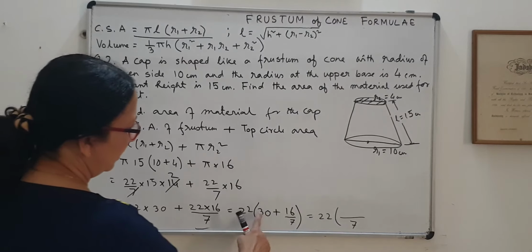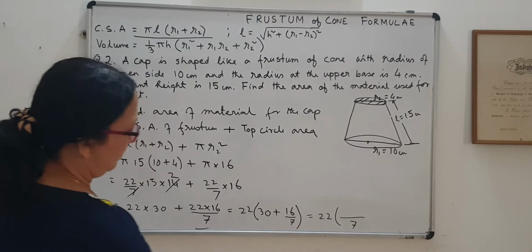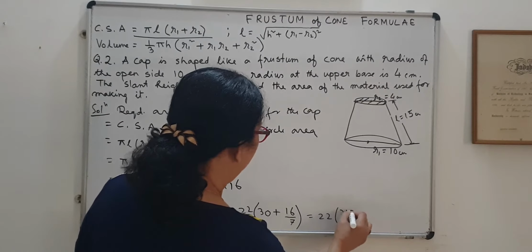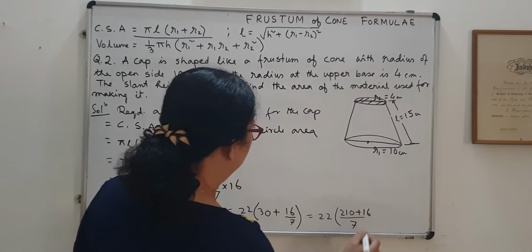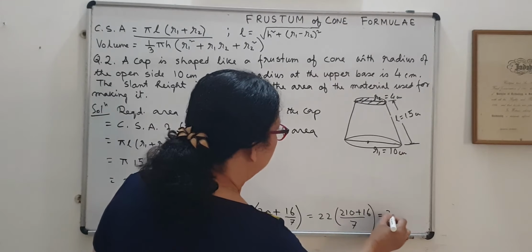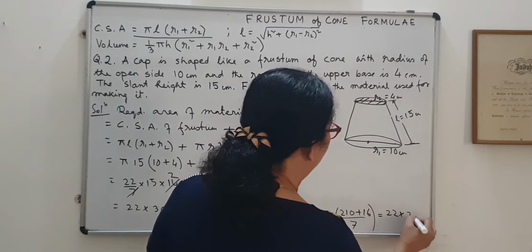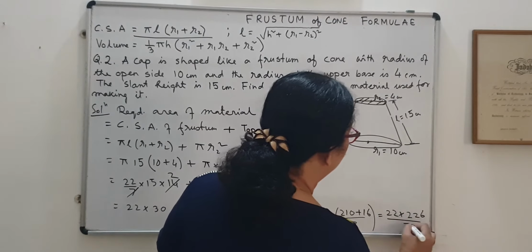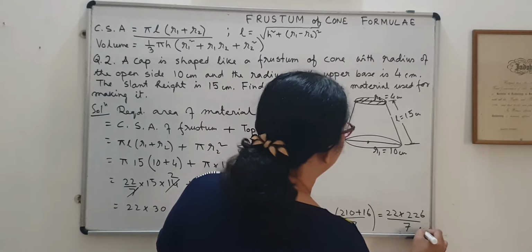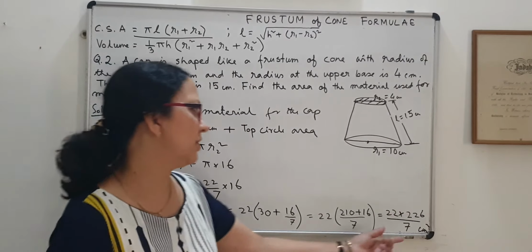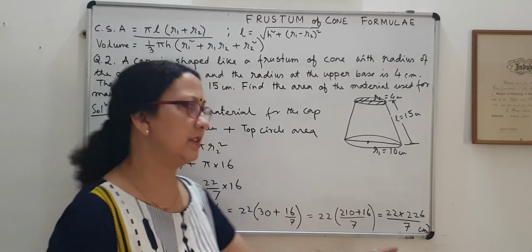Let's see. 30 plus 16 is 46, so 22 into 46 by 7. This much centimeter square. So you do this multiplication and the calculation can be done.